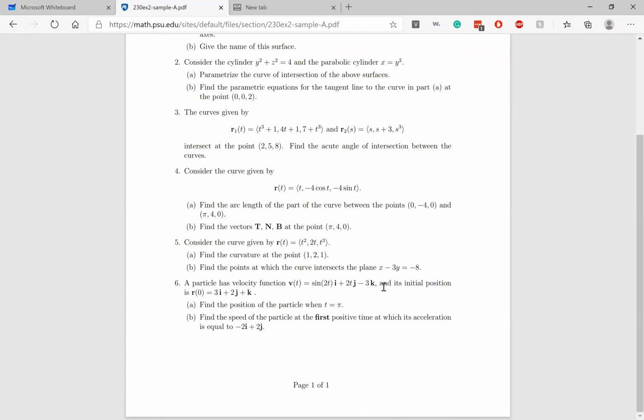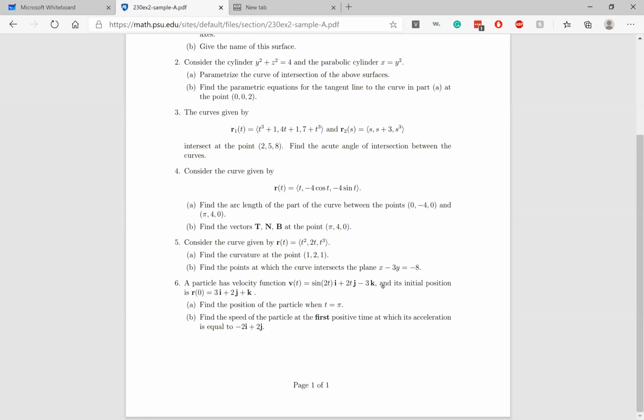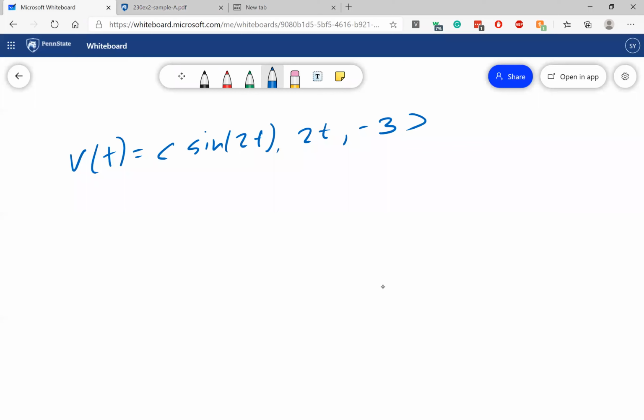So let's first reconstruct the position. My v of t is (sine 2t, 2t, -3), and r of 0 is (3, 2, 1).